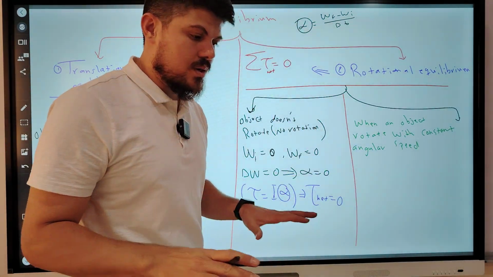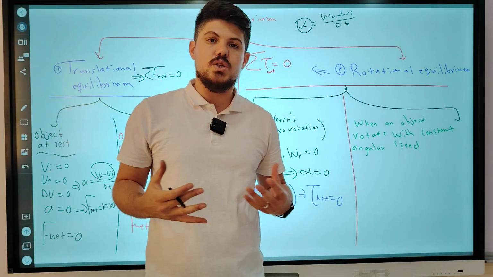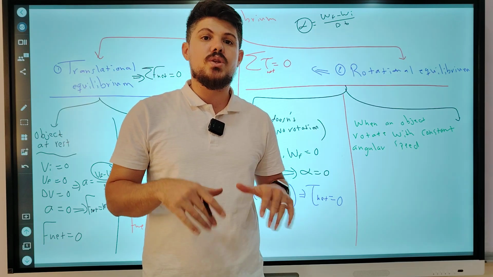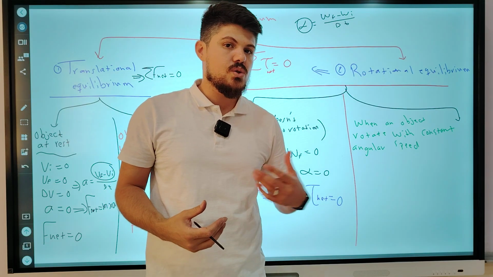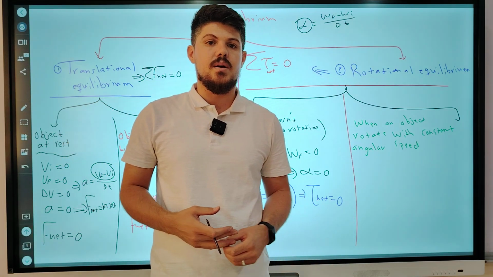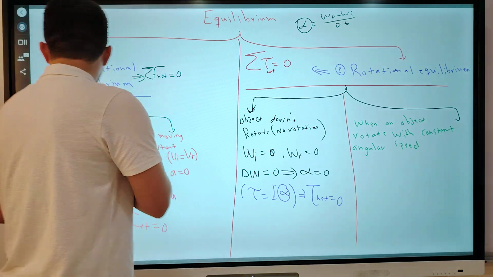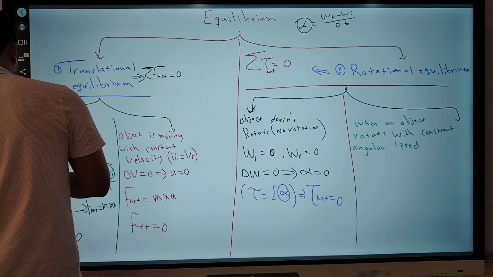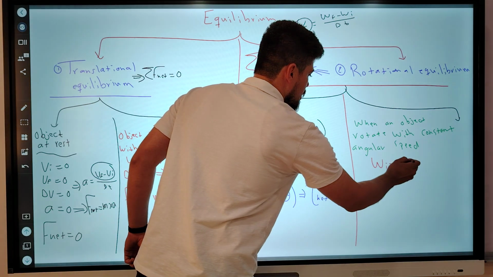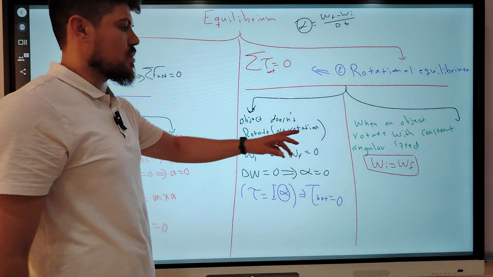For example, when a ceiling fan is rotating with constant angular speed, it is rotating, but with constant angular speed. There is no acceleration, there is no deceleration, there is no angular acceleration in that case. So if the angular speed is constant, it means that omega initial is equal to omega final. This is not 0, be careful.